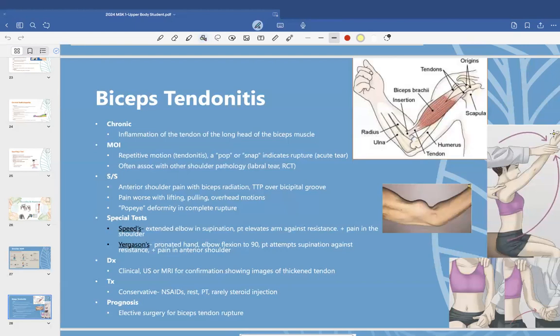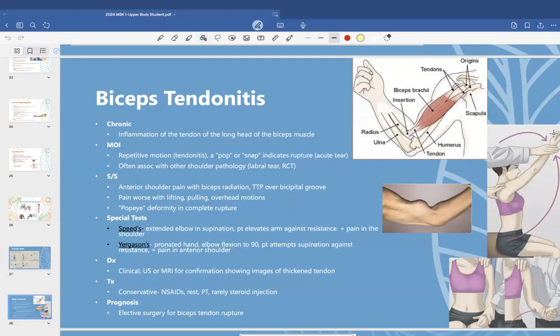Because of the anatomic location of this, in and around the shoulder joint, there's a common association with other shoulder problems, labral tears, rotator cuff tears. So surgically, it's very rare that I do just a biceps tenodesis. Usually, it's rotator cuff repair plus biceps tenodesis. So we're doing these two things at the same time.